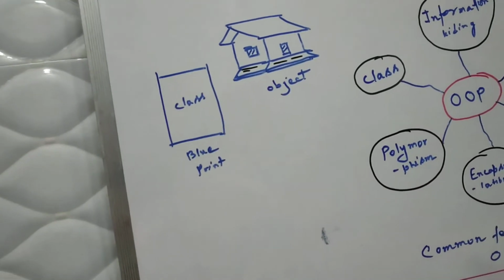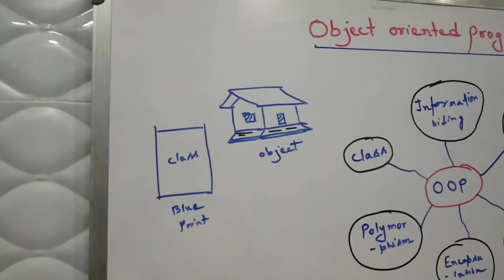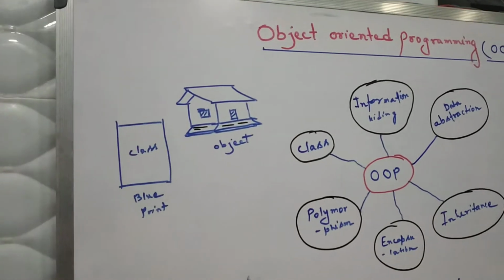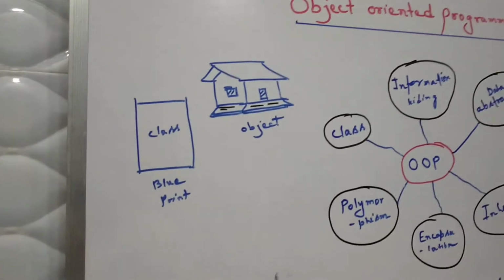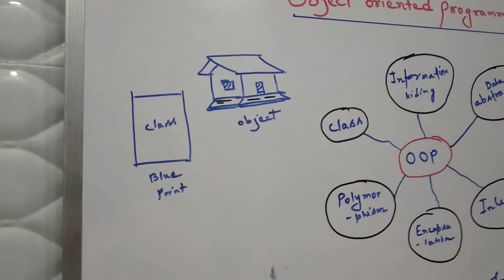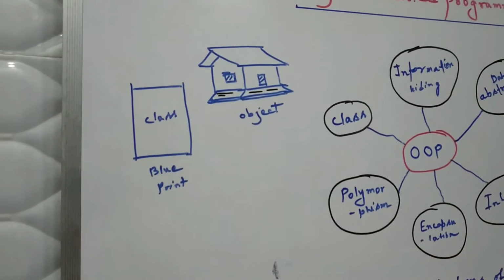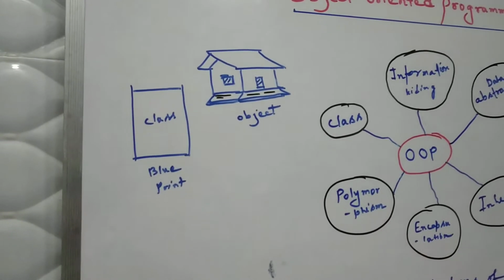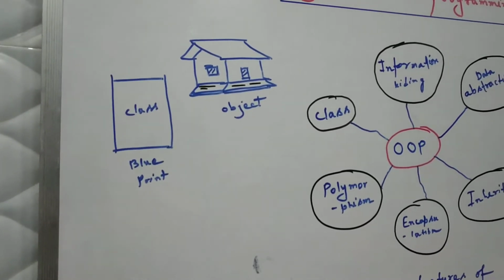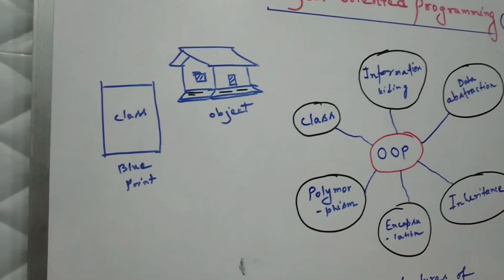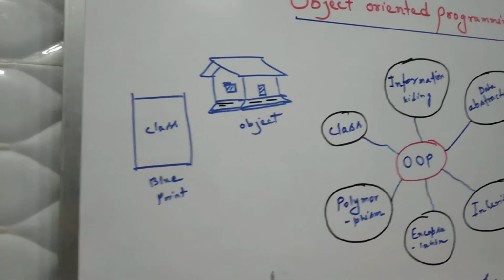That means before we do any kind of construction, or before we do anything which has real existence, first we have to make a plan for it. Planning has no real existence. It is like an imagination or a thinking. So this planning or this kind of blueprint is known as class. Now following that blueprint we will build a building, or build anything which has real existence.